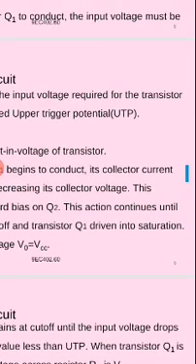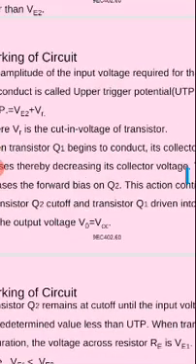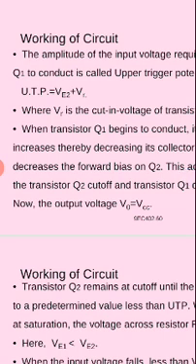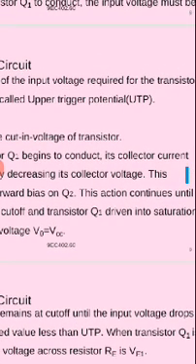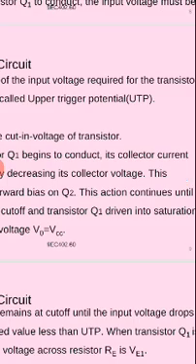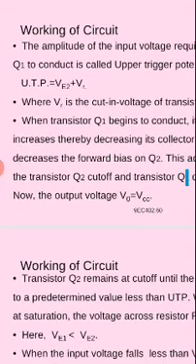This action continues until transistor Q2 is cut off and transistor Q1 is driven into saturation. Now the output voltage V0 equals VCC.